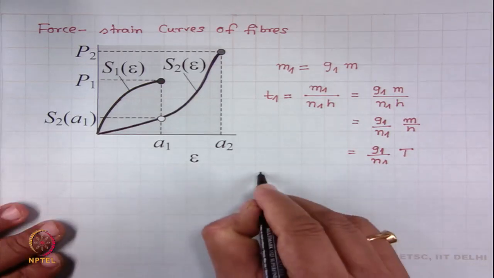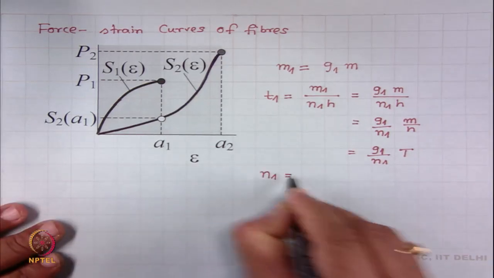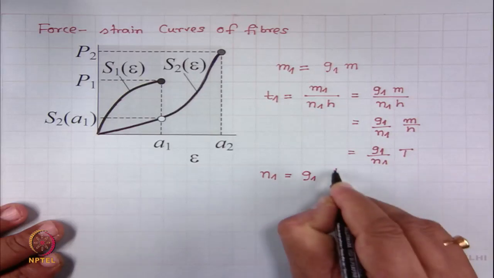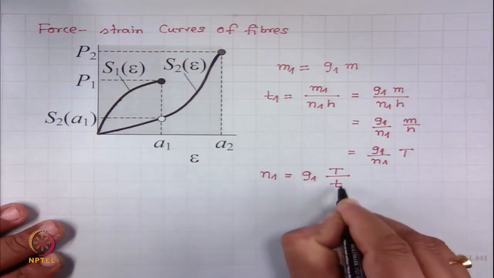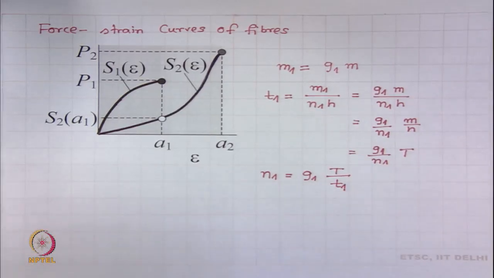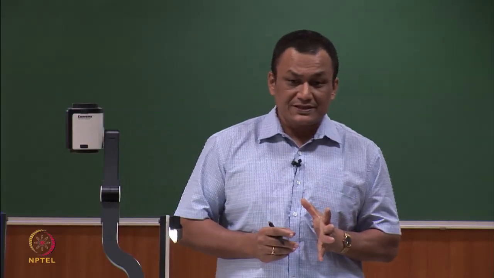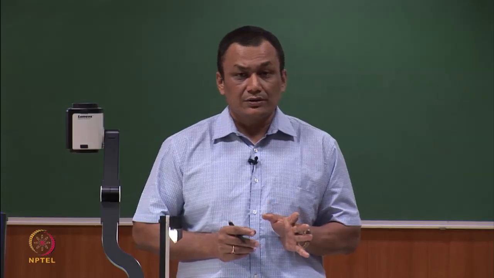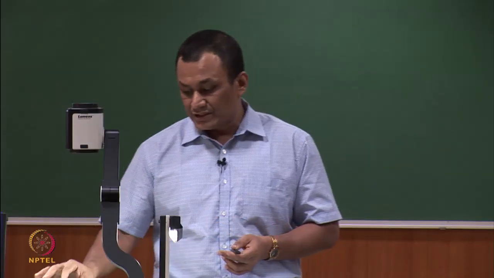So, N1 is equal to G1 capital T by small t1. So, how many type 1 fibers are present is possible to calculate using this formula.